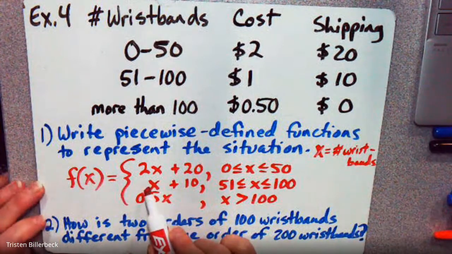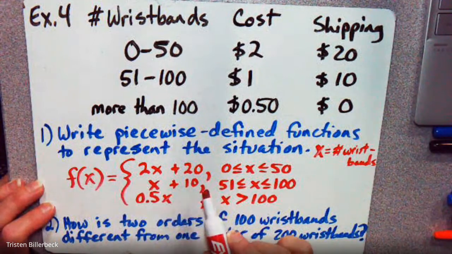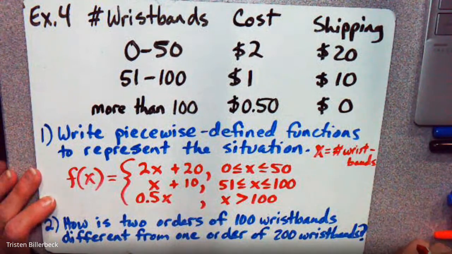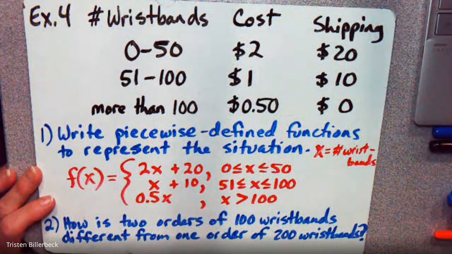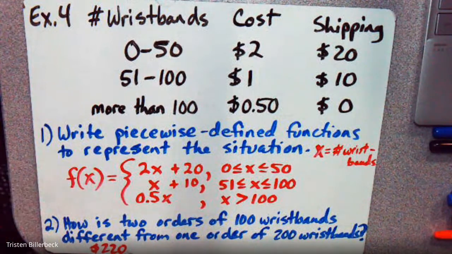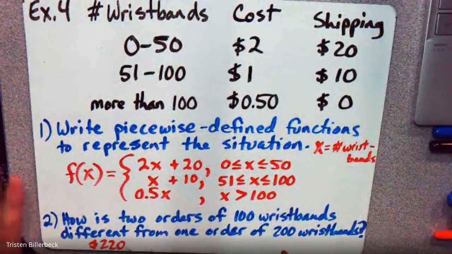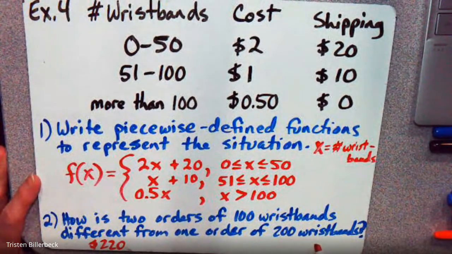If we order 100 wristbands, that's 100 plus 10, so that's $110. And then we order 100 wristbands again, so that's again $110. So 2 times 110 is $220. That's if we didn't plan well and we ordered 2 separate orders of 100 versus ordering 200 wristbands.